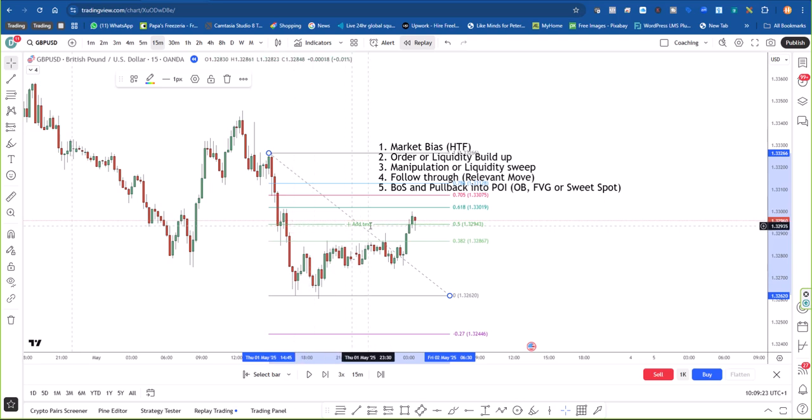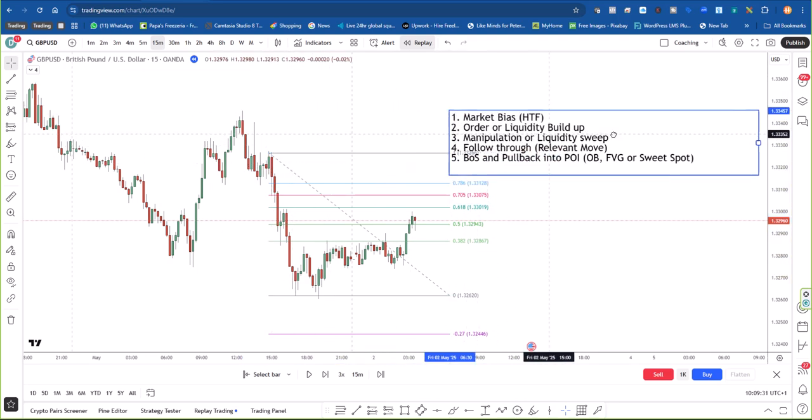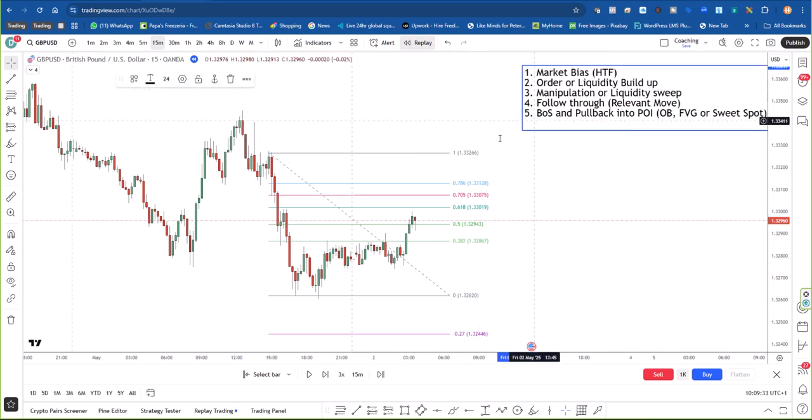Right now you can see price has moved above 50. So somewhere above here is our premium area, and that's the area we are interested in, expecting price to start going down. My preference would be somewhere around the sweet spot, the area where we want to see potentially price start going down.